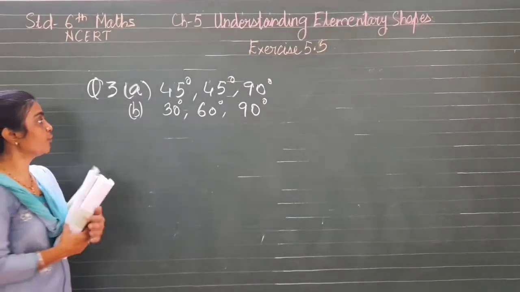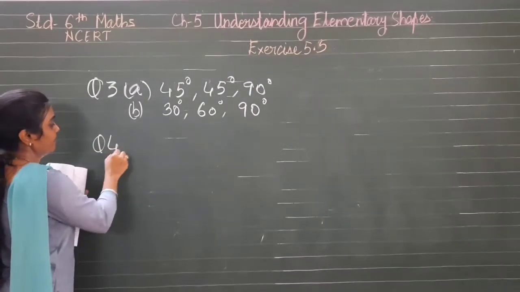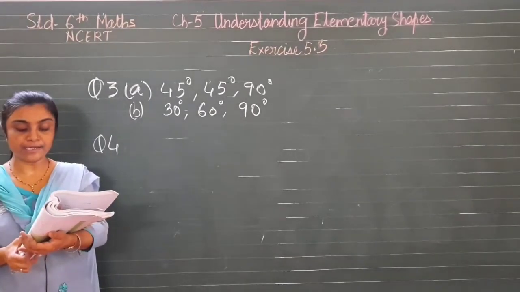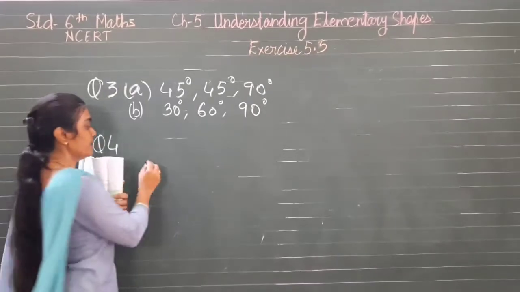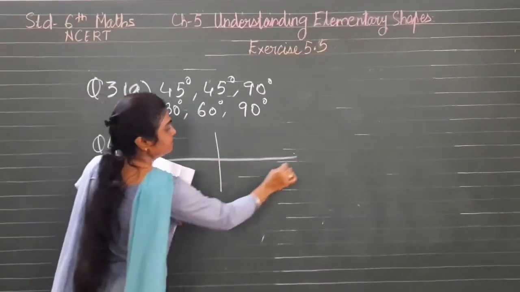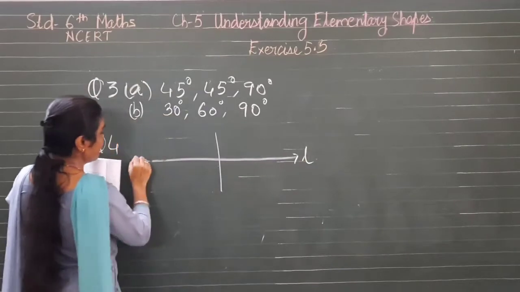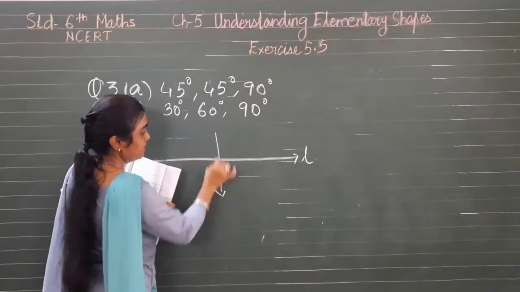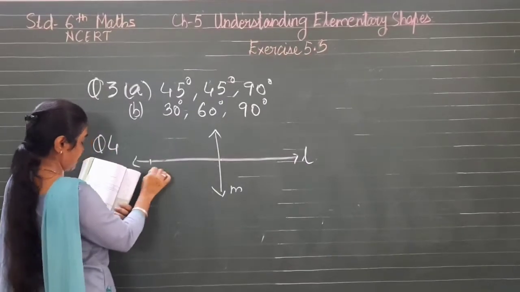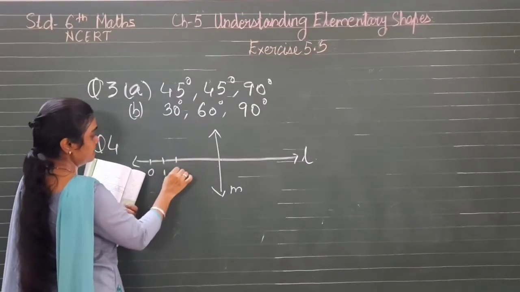Question number 4. Study the diagram. The line L is perpendicular to line M. Now let us see a diagram. This is line L and this is line M. Now the markings are given. Let us mark the numbers.